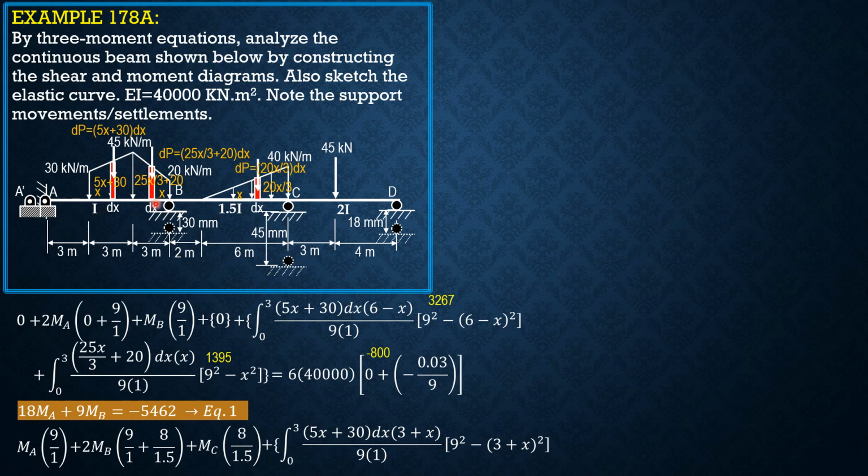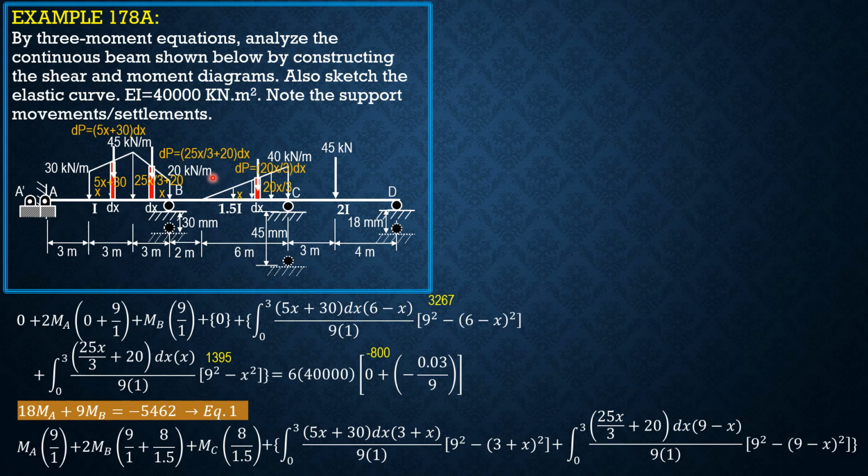And the second one, because this is x, so therefore this is 9 minus x. A is 9 minus x. So plus integral 0 to 3 of quantity 25x over 3 plus 20 times 9 minus x over 9 times 1, quantity 9 square minus quantity 9 minus x square, 0 to 3.